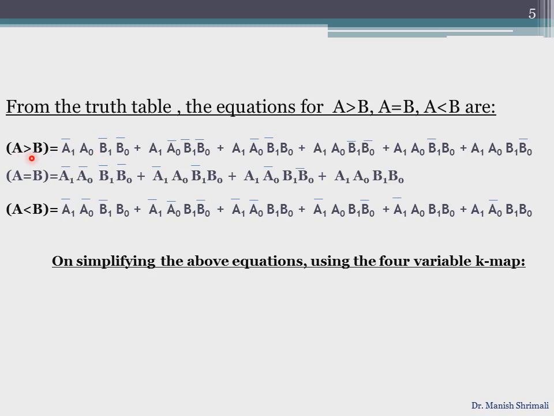The SOP equation for A greater than B is equal to A1 bar A0 B1 bar B0 bar plus A1 A0 bar B1 bar B0 bar plus A1 A0 bar B1 bar B0 plus A1 A0 B1 bar B0 bar plus A1 A0 B1 bar B0 plus A1 A0 B1 B0 bar.